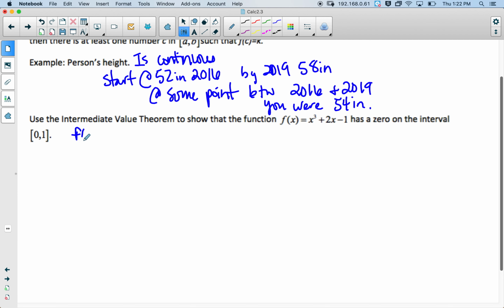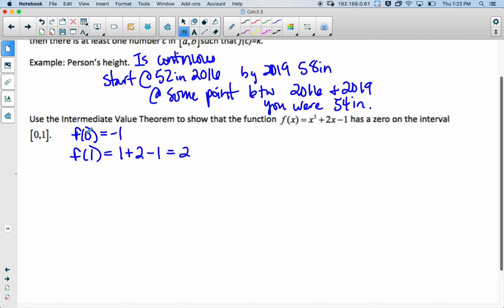So let's first evaluate f of 0. And f of 0 is 0 cubed plus 2 times 0 minus 1, so that equals -1. And f of 1 is going to equal 1 cubed plus 2 times 1 minus 1, which is equal to 2.